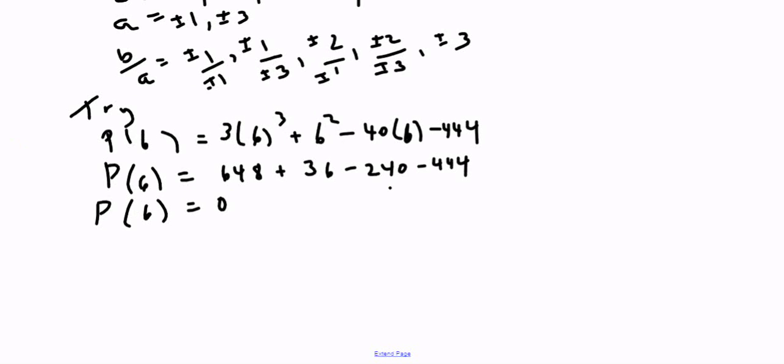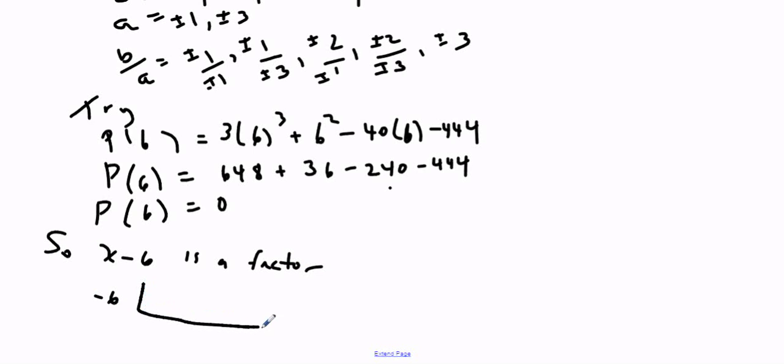All right. So we know right now that x minus 6 is a factor. I'm going to use synthetic division then to determine the other factors. What are my coefficients? 3, 1, minus 40, and minus 444.